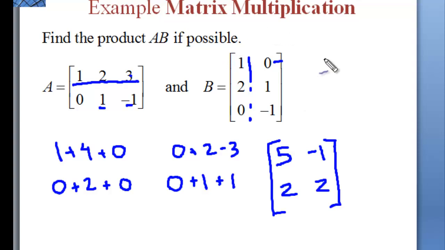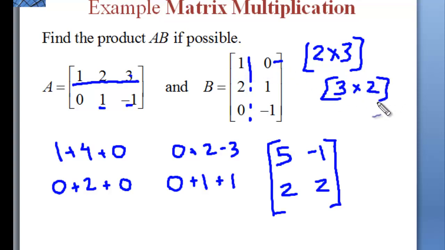So with matrix multiplication, in this case, we had a 2-row by 3-column matrix, and we multiplied it by a 3-row 2-column matrix, and we end up with a 2 by 2 matrix.